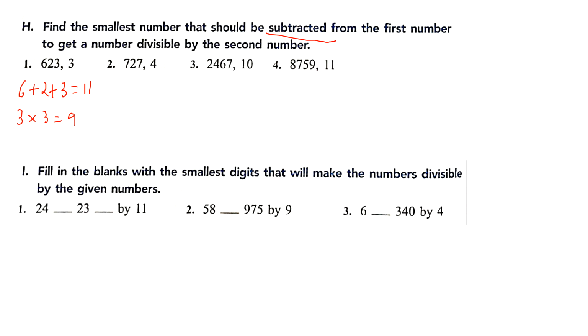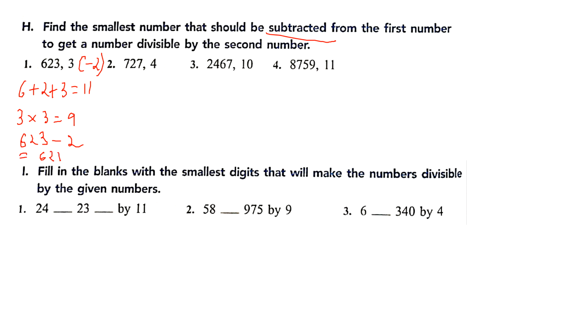How much you have to subtract from 11 to get 9? 11 minus 9, that's your 2. So you just have to subtract 2 from here. That is 623 minus 2, and you will be getting a number which is divisible by 3.